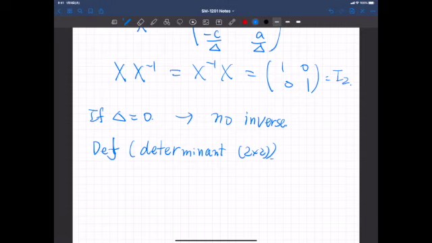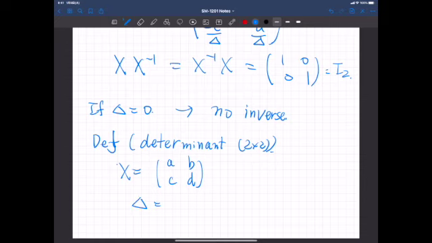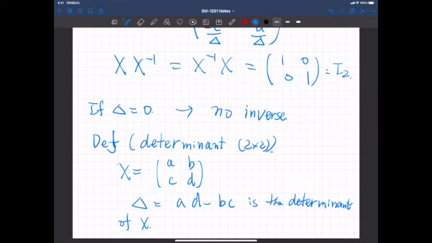If X is a 2 by 2 matrix given by [a, b; c, d], then delta, AD minus BC, is called the determinant of X, and written as det X. So det X is AD minus BC, that is the product of one diagonal minus the product of the other diagonal.